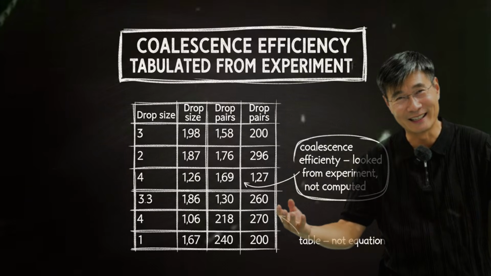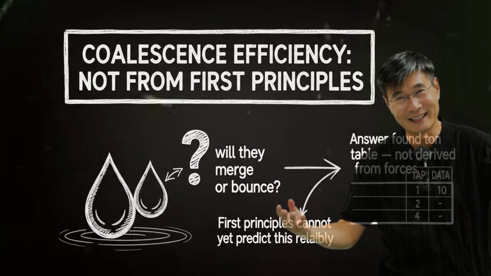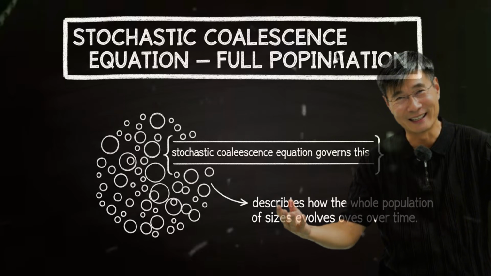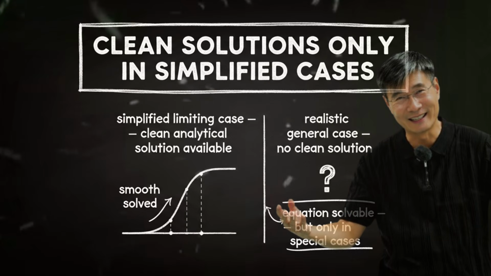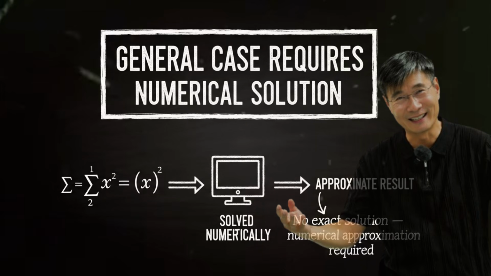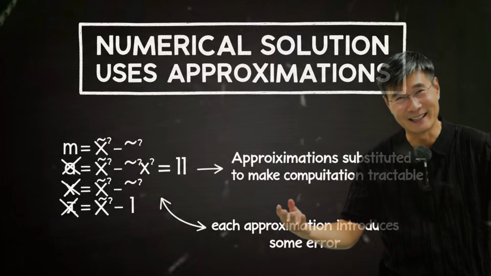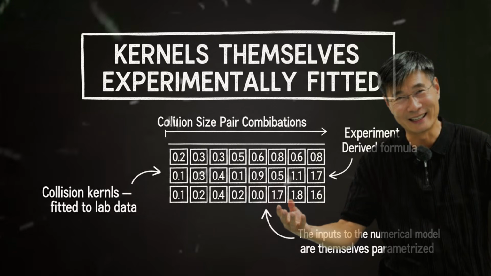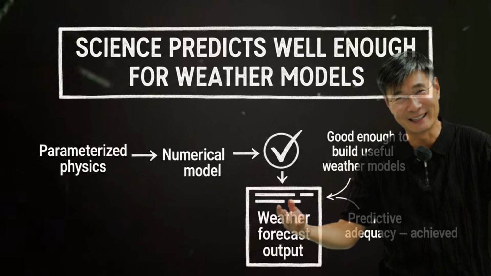It did not. Consider what the atmosphere is doing to a falling rainstorm simultaneously at every level. At the top of the rain column, drops are forming and beginning to fall. As they descend, they collide. Larger drops catching smaller ones through the velocity differential. Both populations simultaneously growing through coalescence and fragmenting through breakup.